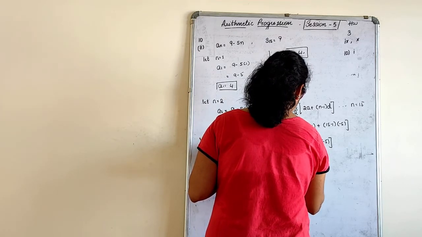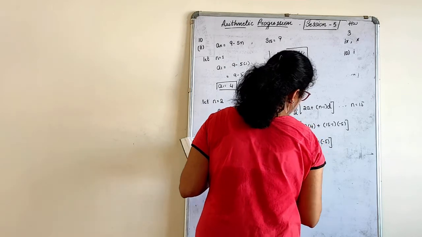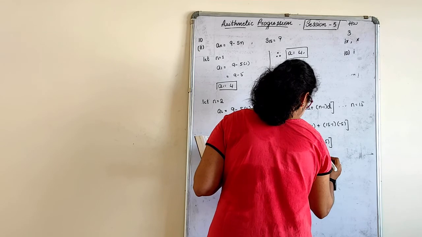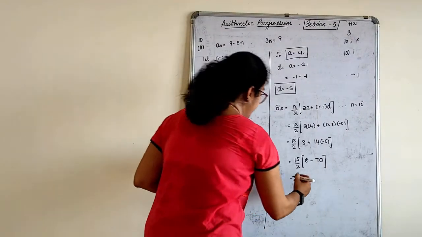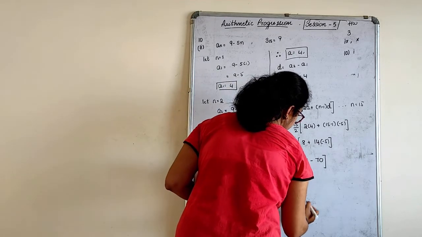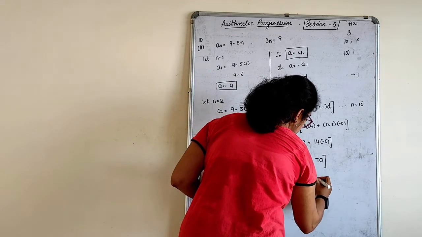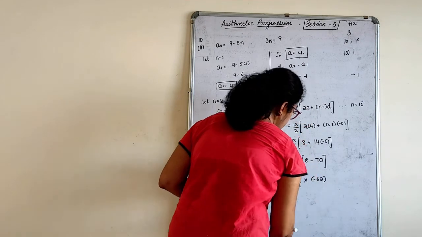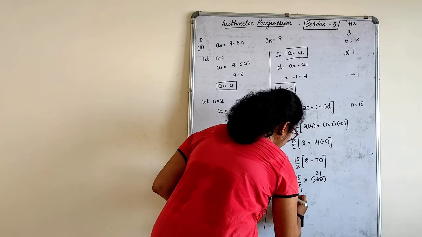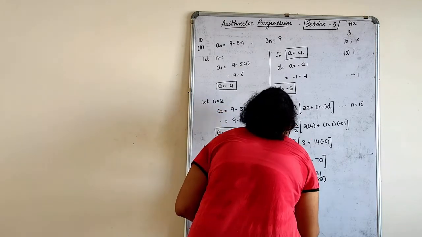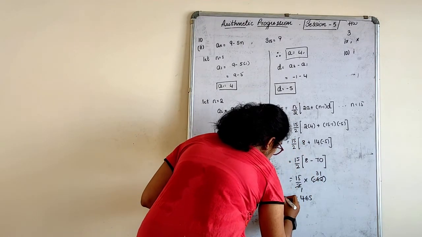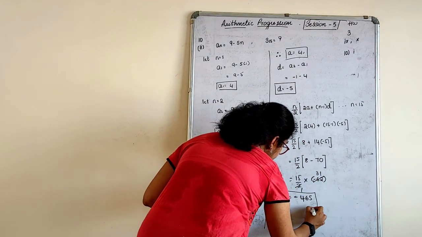Fifteen by 2, 8 plus 14 5s are 70, so I will write this as minus 70. 15 by 2 and 8 minus 70 is minus 62. 2 1s are 2, 2 3s are 6, so 15 into minus 31 is minus 465, which is S15.